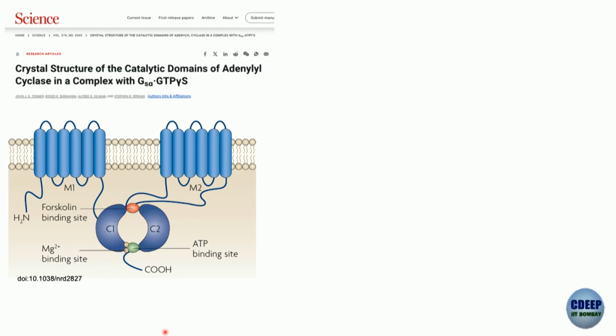Then in vitro, they were able to reconstitute the whole adenylyl cyclase, which is functional. Of course, they must have tried a lot of other methods, but this is what worked for them. This is the correct structure that they wanted to see.